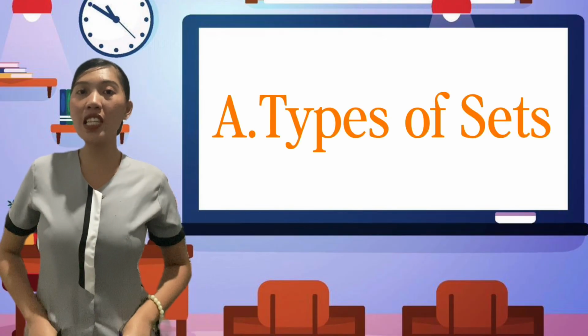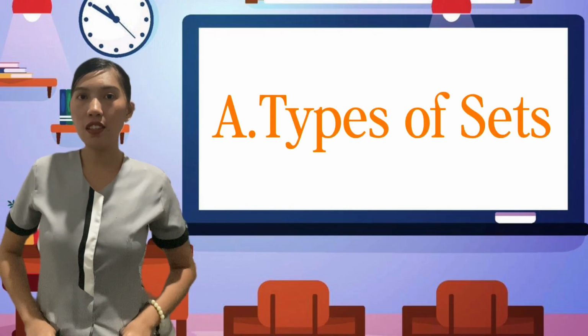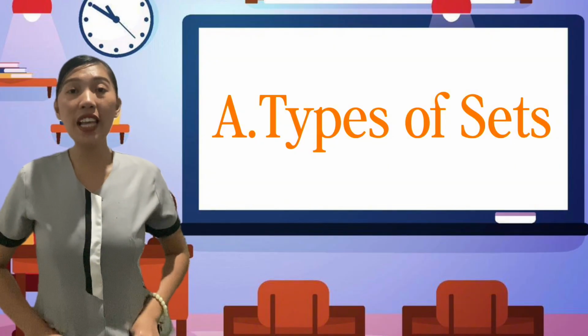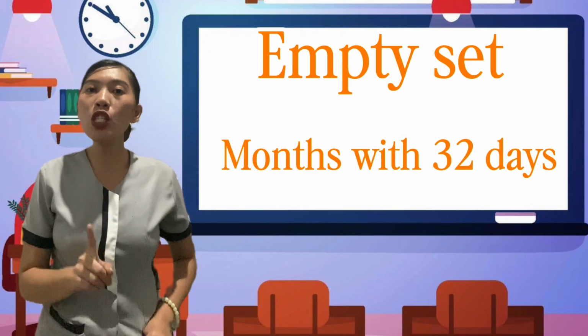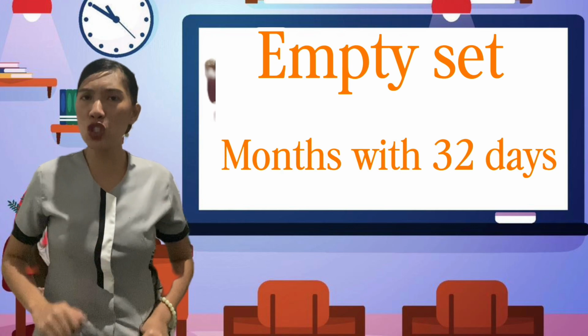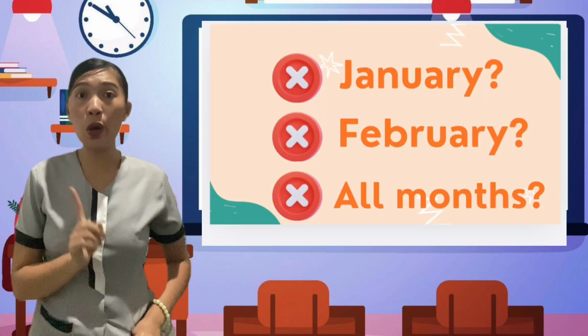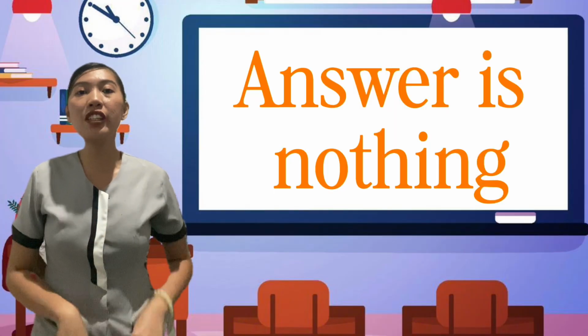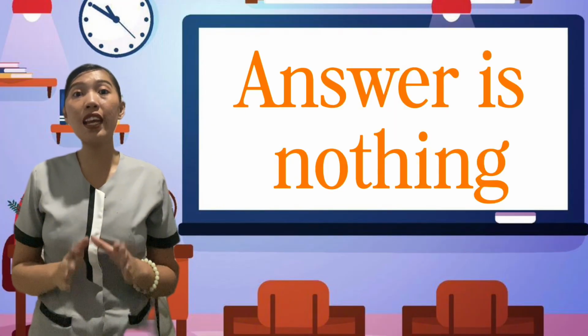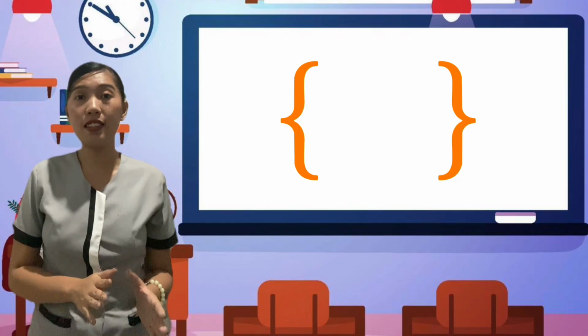So these are the types of sets. Let's connect this to real life. Empty set: months with 32 days. Let's check. January? No. February? No. All months? No. So the answer is nothing. So this is an empty set.